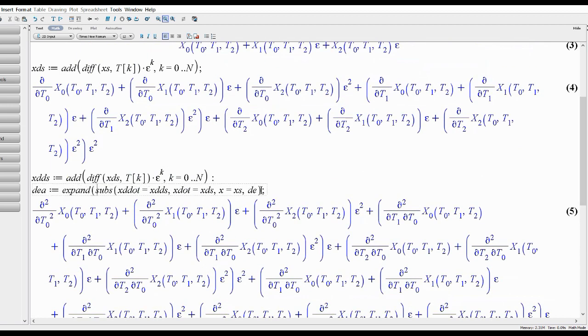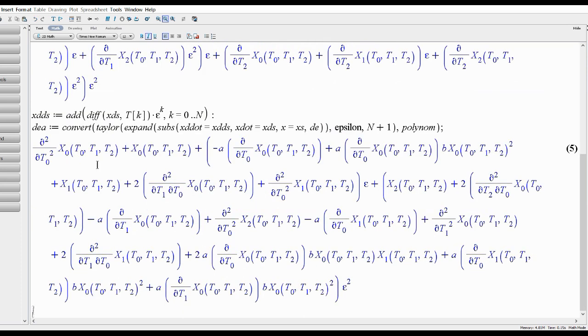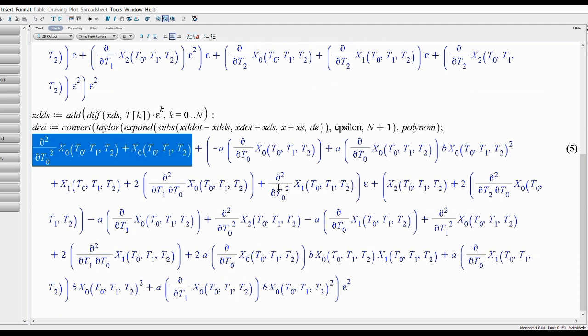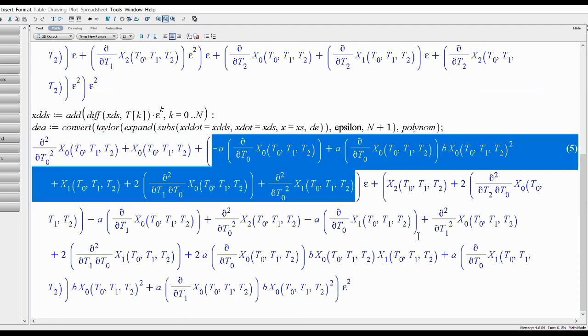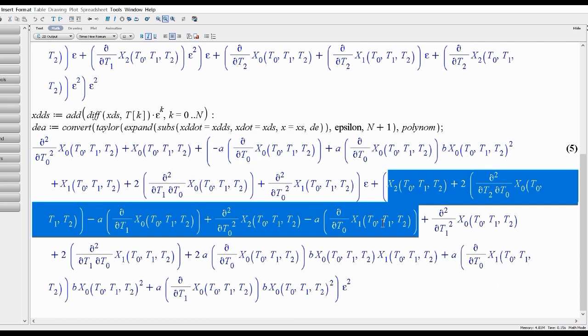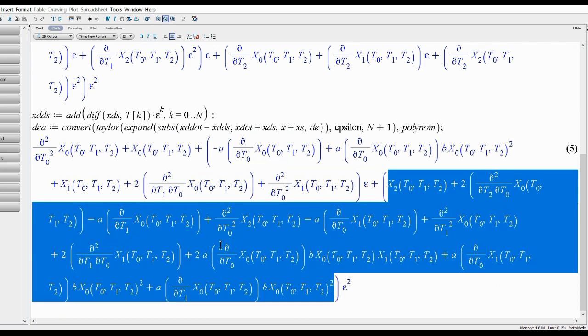I'll expand it out just for the heck of it, not really necessary. Then I will say Taylor epsilon n plus 1, and I will say convert to polynomial, and then now it will be shorter. And you see, this is the order 1 part, and this is the order epsilon part, and that is the order epsilon squared part. So it is growing slowly, but that's all right.